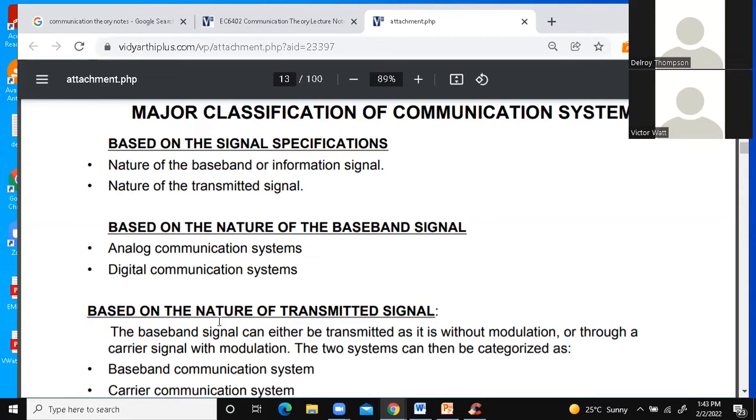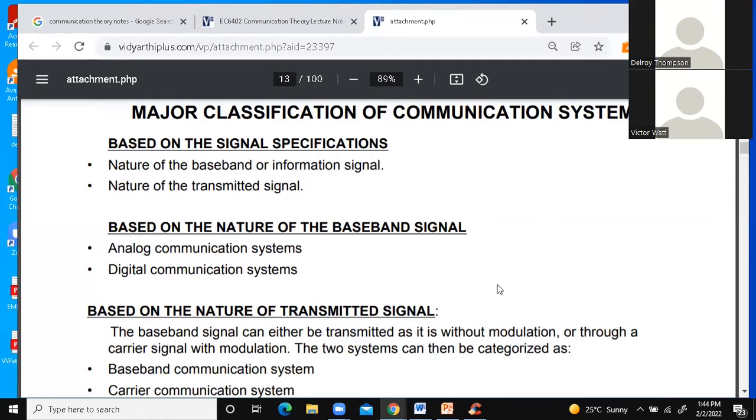I'm going to assume that he's saying to clarify baseband signal. So suppose you're a source, you're transmitting an analog signal, and you go through the whole system as an analog signal.